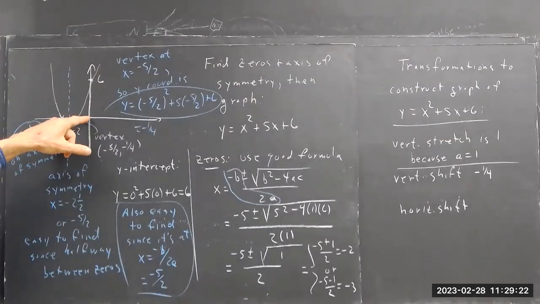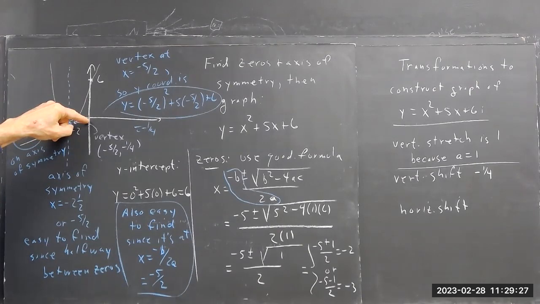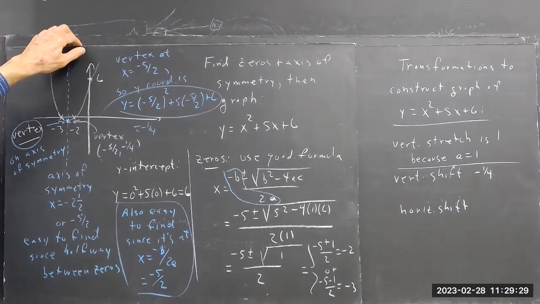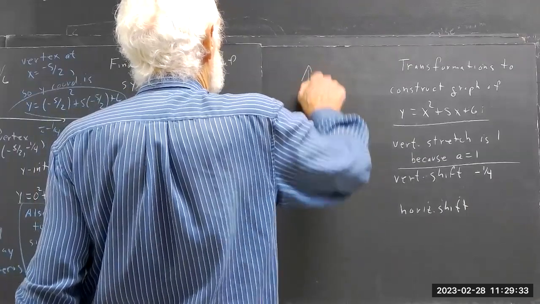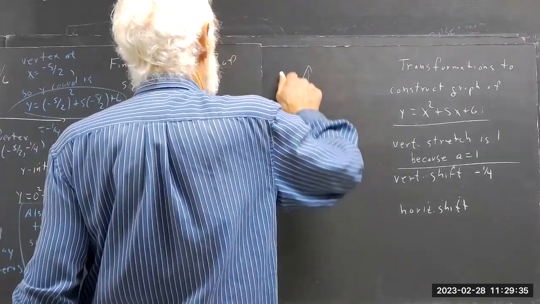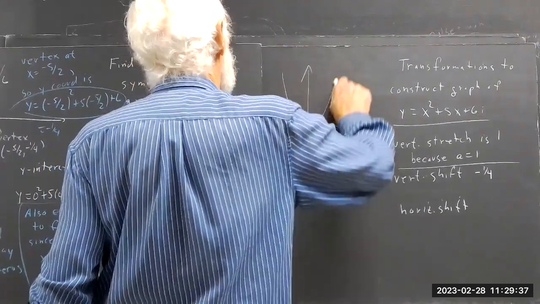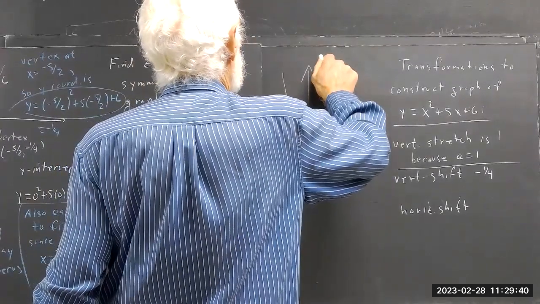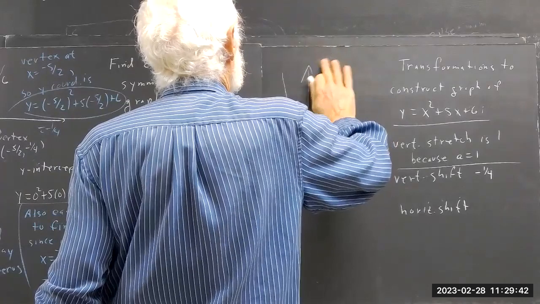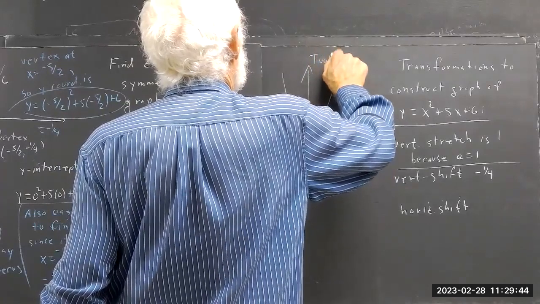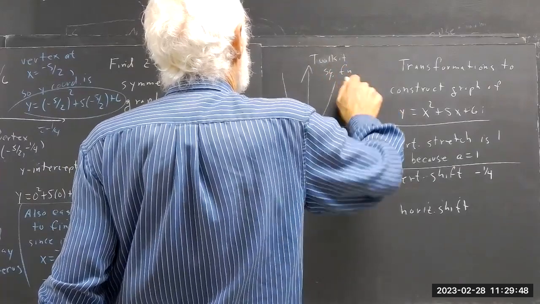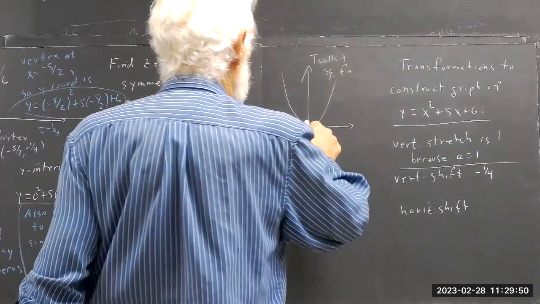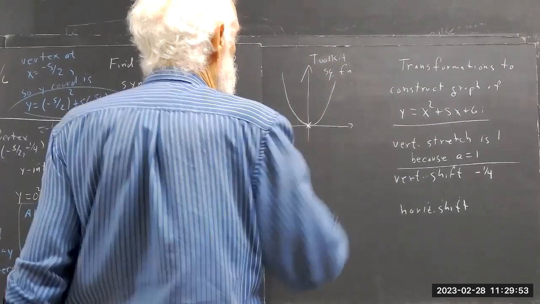Now your vertex has to go from here to here. So far, you've got it going from here down to here, right? Okay, so let's draw a picture of what we've got. So you've got your basic squaring function, badly drawn, but the vertex is supposed to be here.